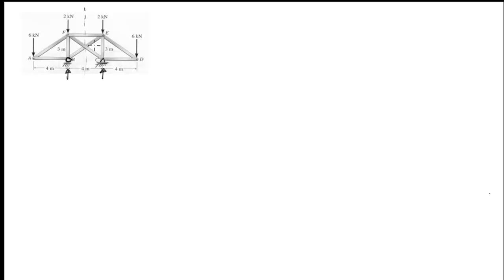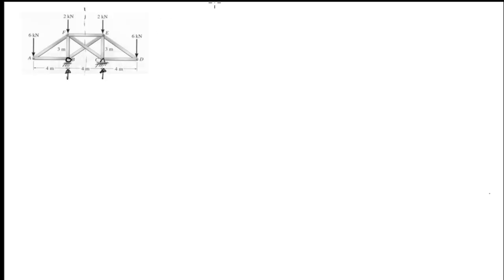Because this is a symmetrical structure, and there are only 2 unknowns here, we can quickly find these 2. We don't have to go through the equilibrium equations. What you have to do is just sum all of these forces and divide by 2, and you get the forces on each side.